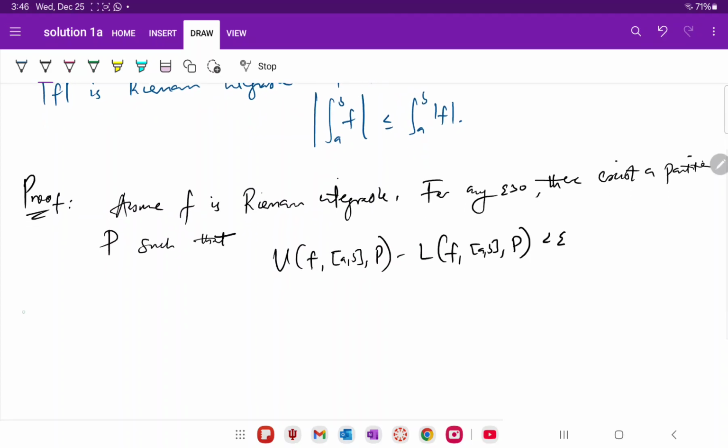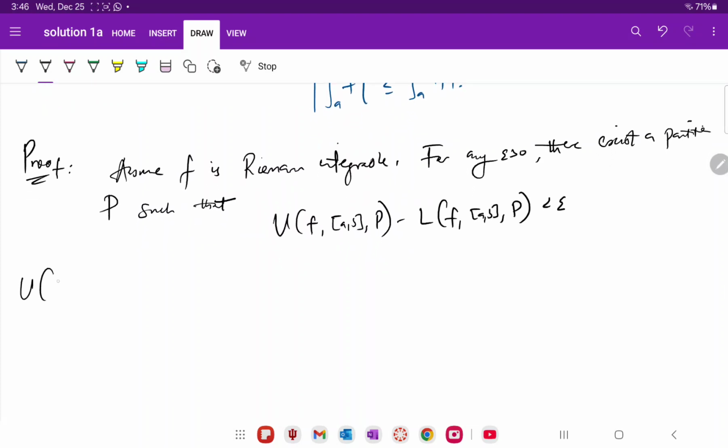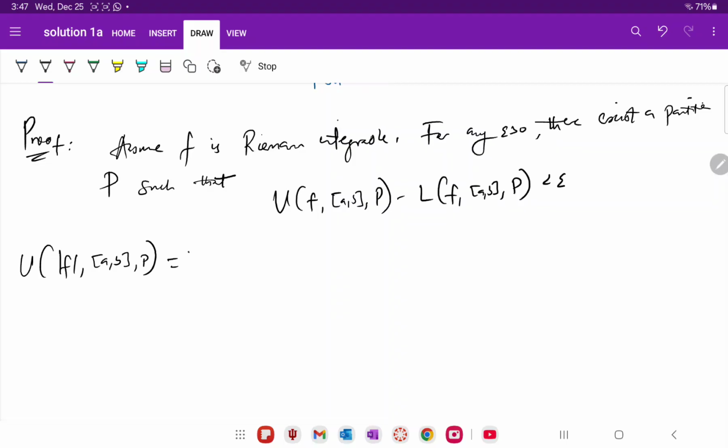So now let's define the upper Riemann sum of the modulus of f on [a, b]. This will be equal to the summation, using the same partition, from j equals 1 to n of s_j minus s_{j-1}, times the sup of the modulus of f on [s_{j-1}, s_j].